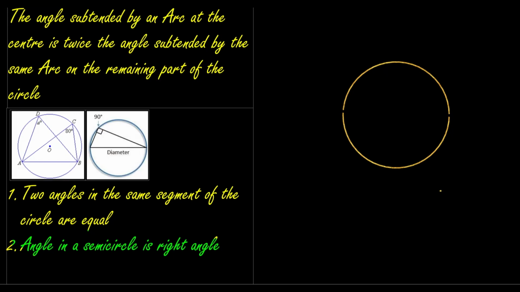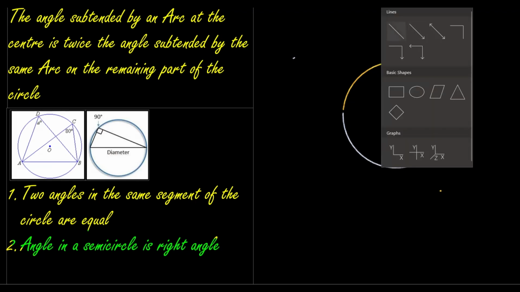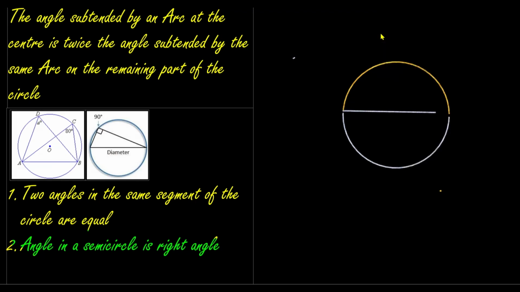Then you can see that it is a circle split into two equal halves, each representing a semicircle. Let's say I even draw the diameter here. The center has to be somewhere here. And there are two semicircles over here, one is this and the other is this.